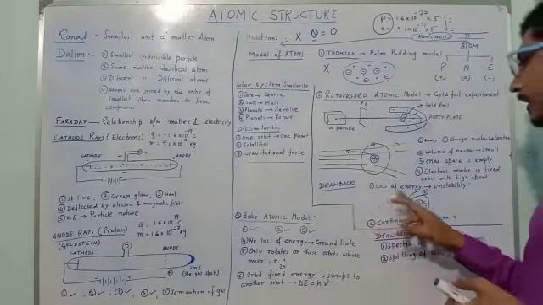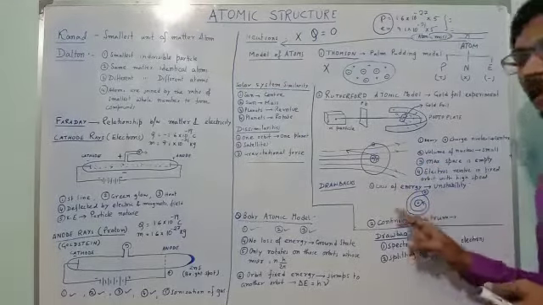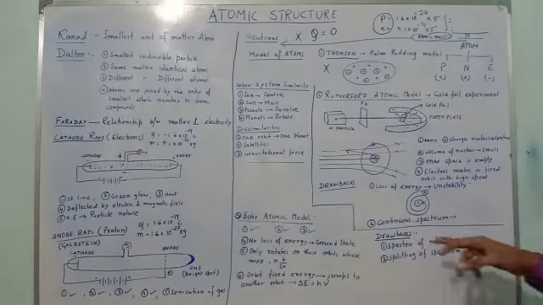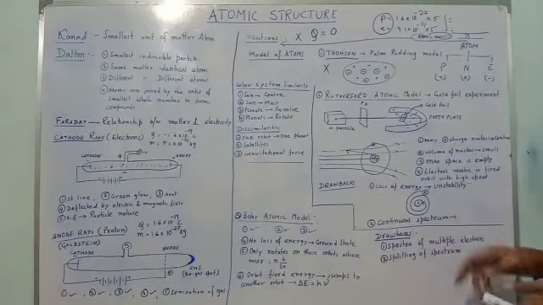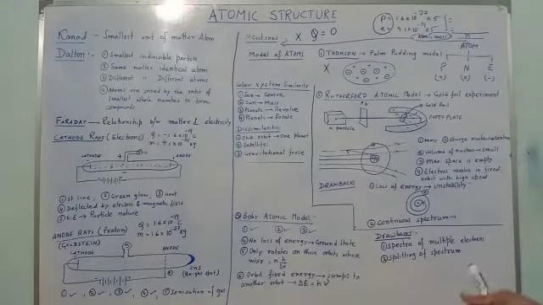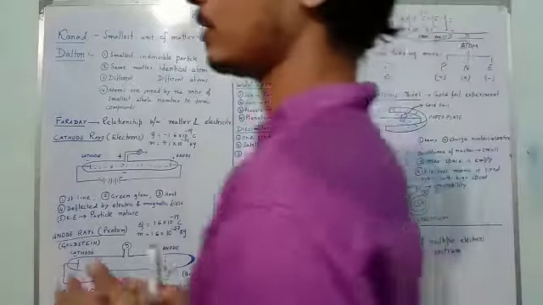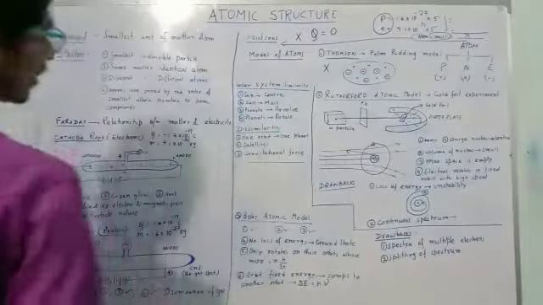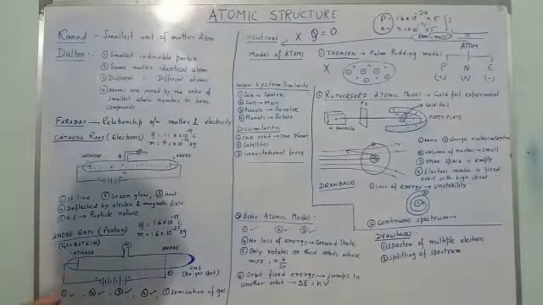And number 2, the rotation of the electron will form a continuous spectrum, but in actual practice we do not have a continuous spectrum.